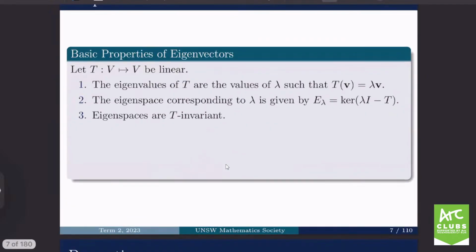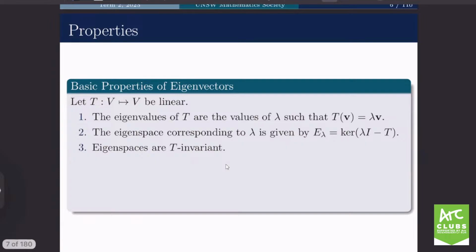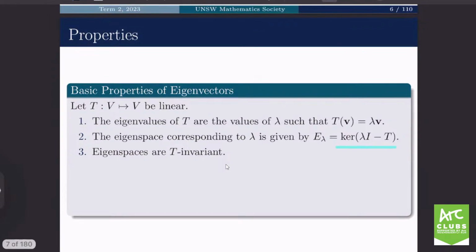So some basic properties here. First of all, the eigenvalues are as we've previously defined. Now the eigenspace is given by this. So you can say that the eigenspace corresponding to a certain eigenvalue is the kernel of lambda I minus T. And that comes from actually taking T of v equals lambda v, and actually solving this.